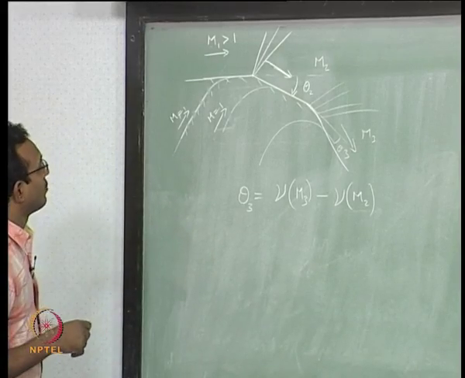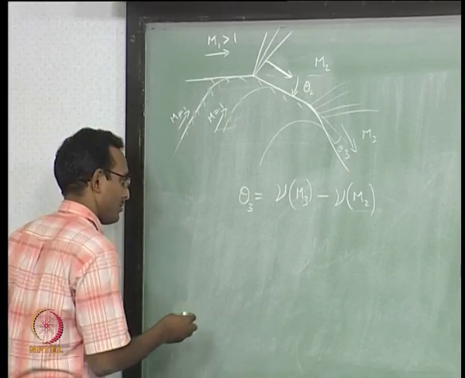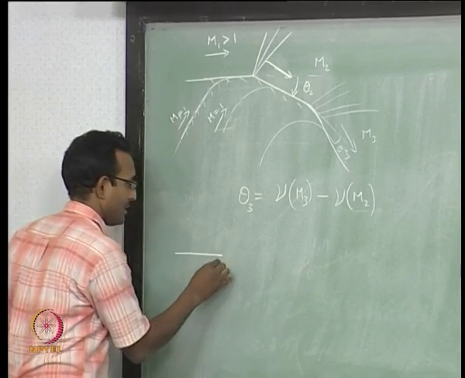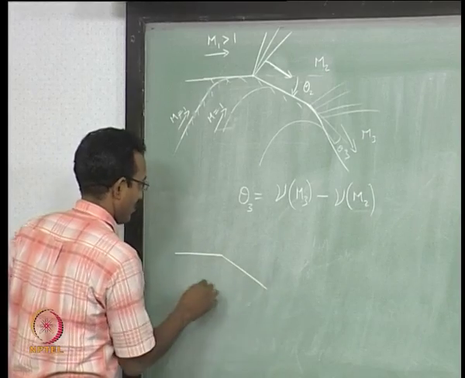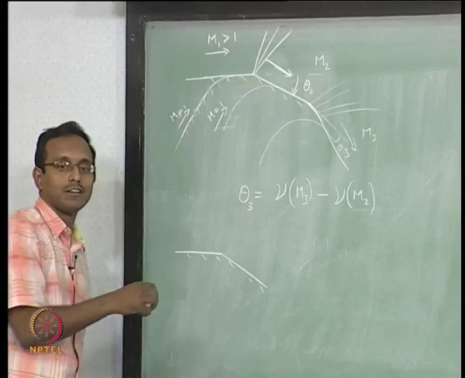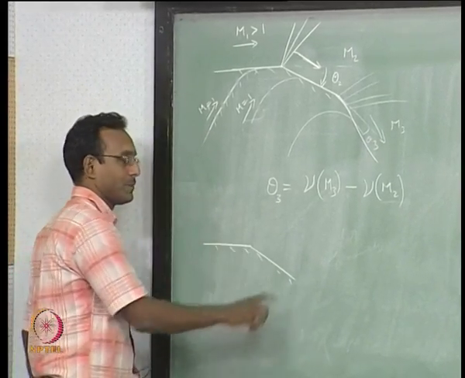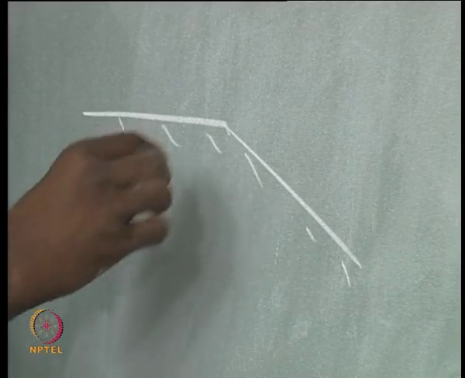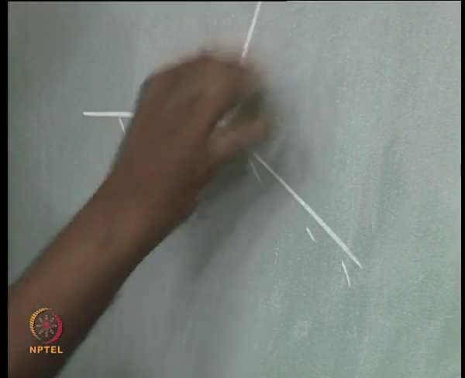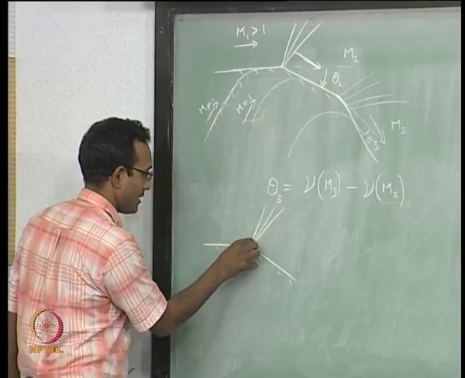Now, I will give you different problems to think about. All this time I have been thinking about a corner. I said this is a corner, it is typically called a sharp corner. It is a sharp corner expansion. If this is the case, then I will have expansion waves coming from that corner point, all concentrated at that point.